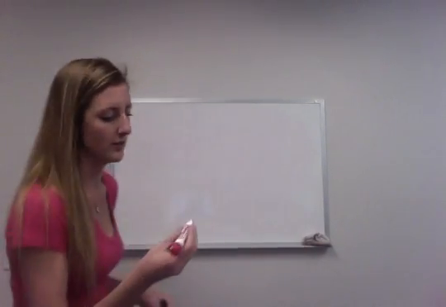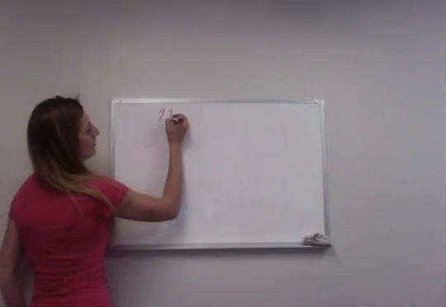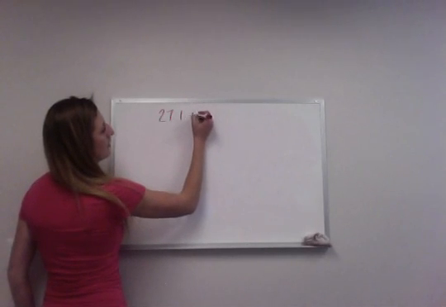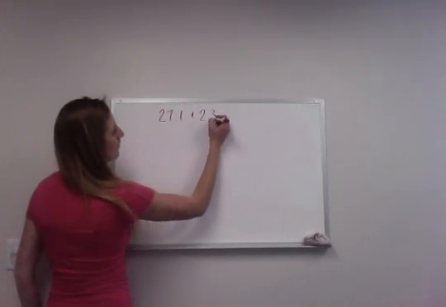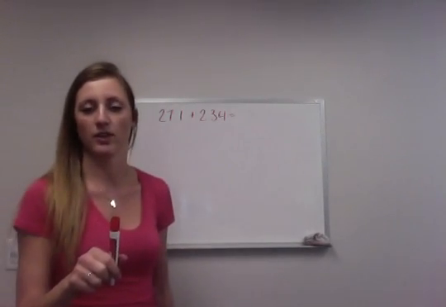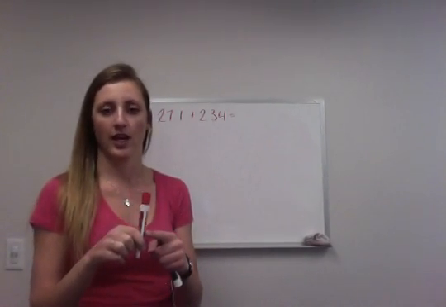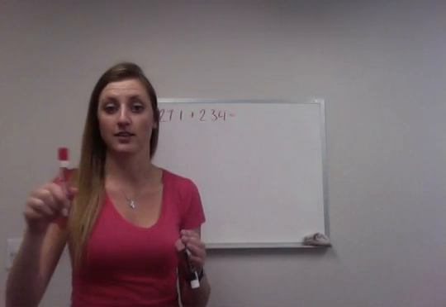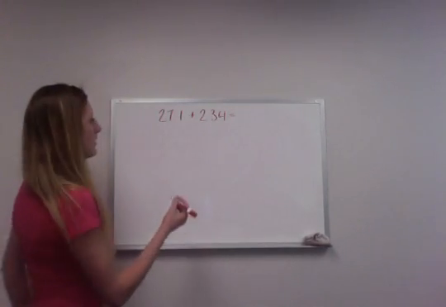Another problem that students have is the aligning of numbers. So you see you have 27.1 plus 2.34. When working with whole numbers, we teach the students to align in the ones place value and go up, tens, hundreds, thousands, so on and so forth.